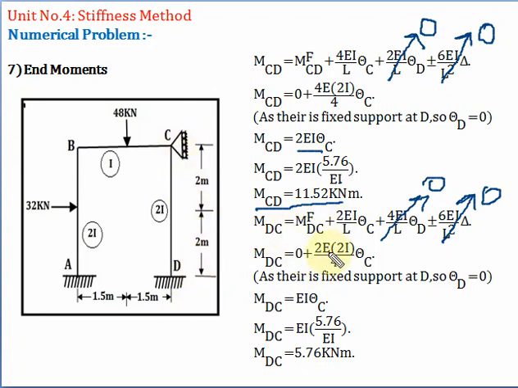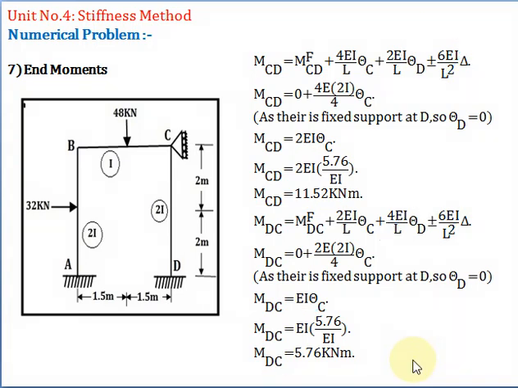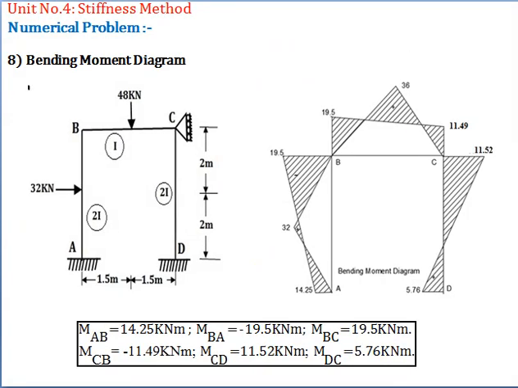So the remaining term is 2EI, where I is 2I, upon L is 4, into theta C. After simplifying we will get EI theta C. Put the value of theta C, and we will get the moment in member DC as 5.76 kilonewton meter.